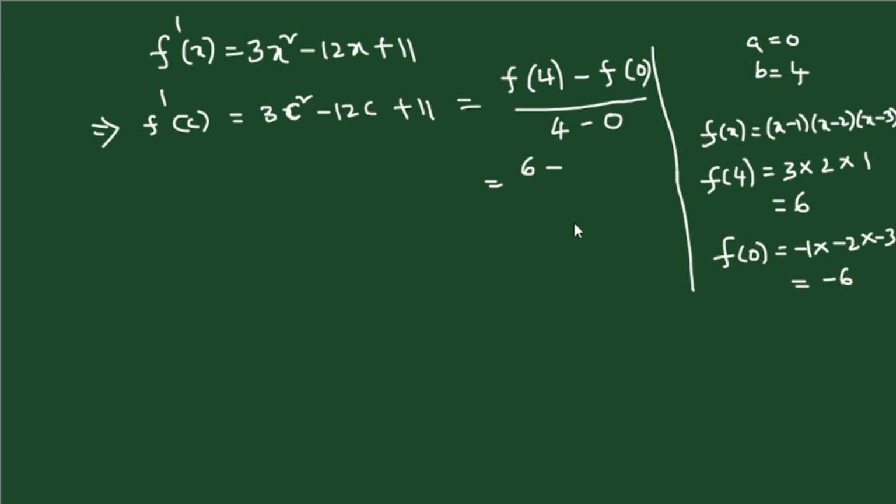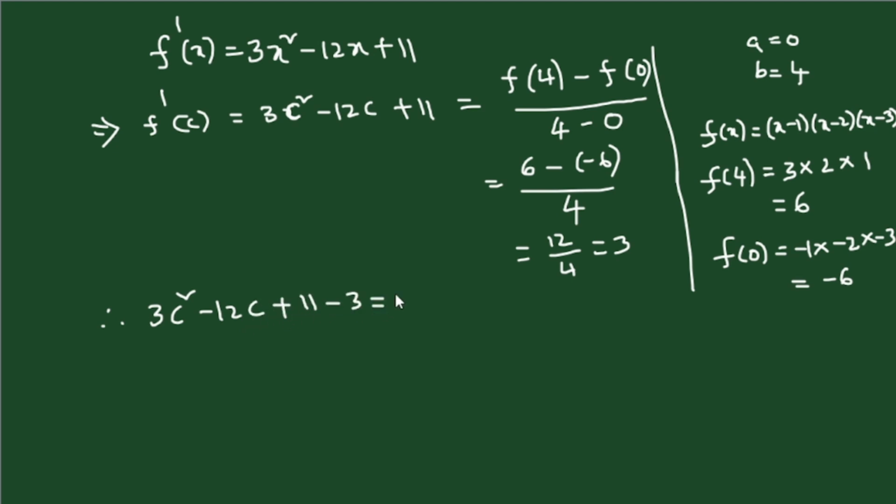So this is 12 by 4, which is 3. Therefore, 3c square minus 12c plus 11 minus 3 equal to 0. This implies 3c square minus 12c plus 8 equal to 0.